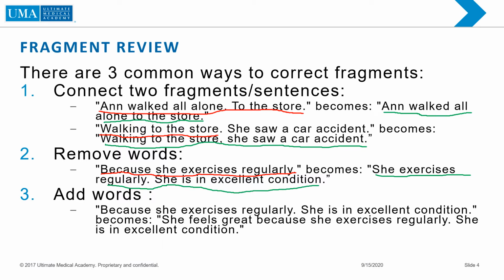Okay. Also add words. Okay. So before, because she exercises regularly is a fragment. Okay. She is in excellent condition. And that's going to change to she feels great because she exercises regularly. She is in excellent condition.